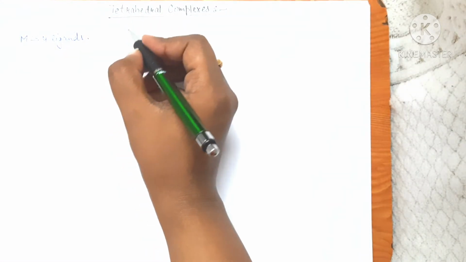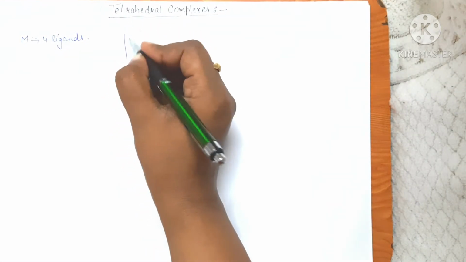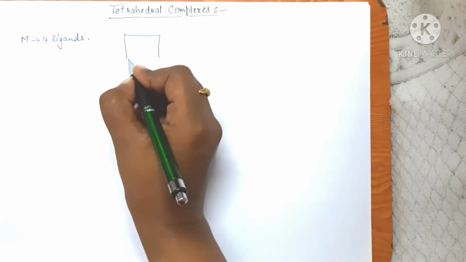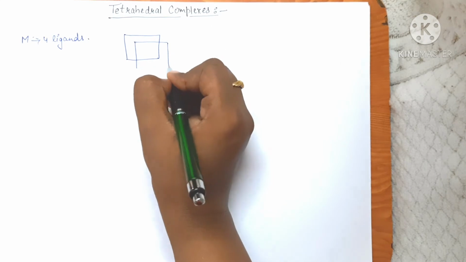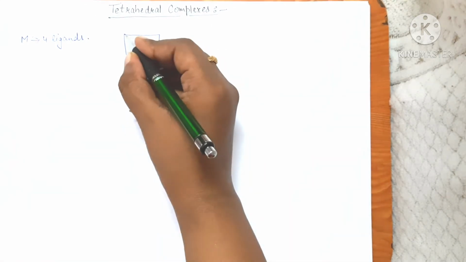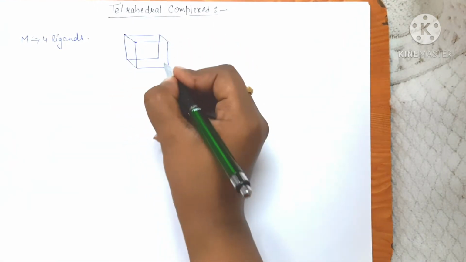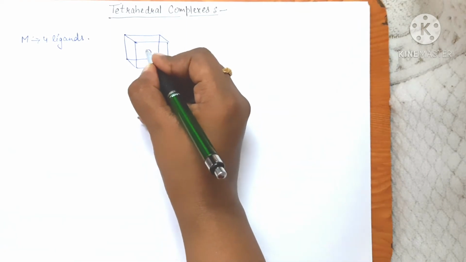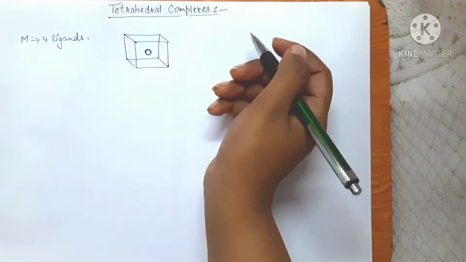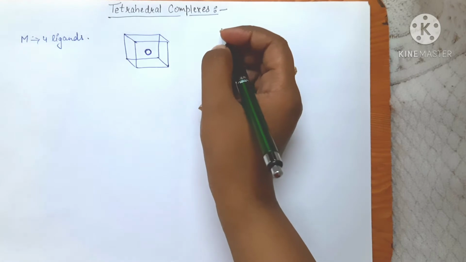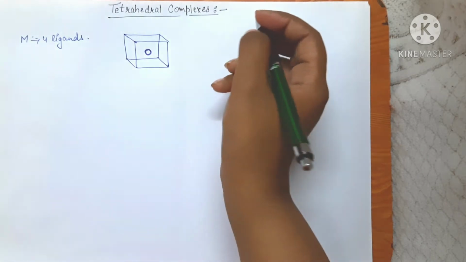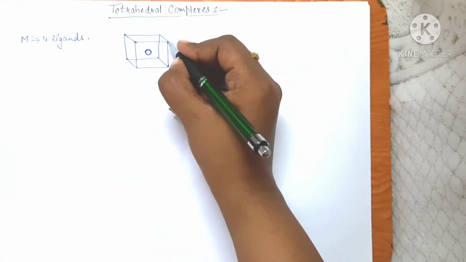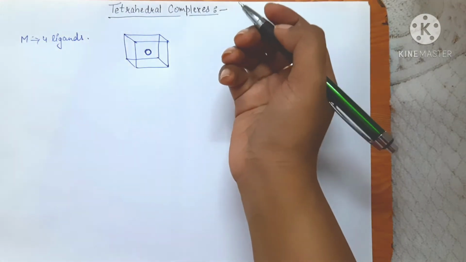Now if I consider this to be one unit cell and the metal is present in the center, in the body center, where will be the 4 positions for the attachment of ligands? That is, from where will these 4 ligands be attaching?